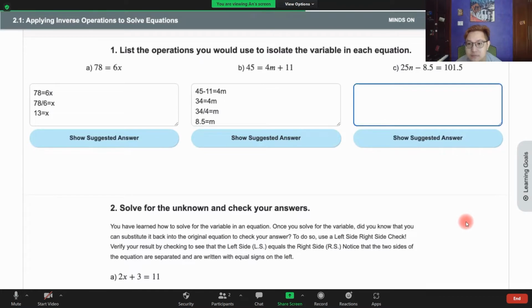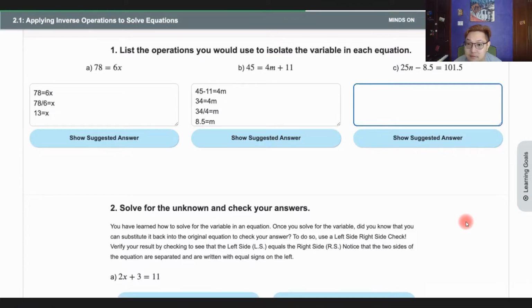C is... 25n minus 8.5 equal 5. So you bring the 8.5 to the right. Yeah. Something wrong.